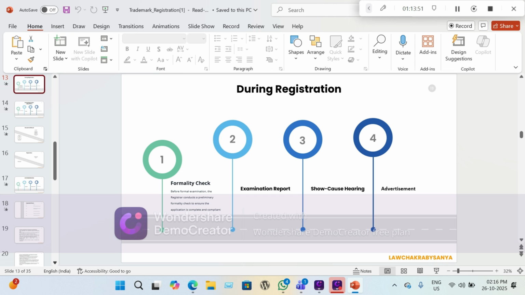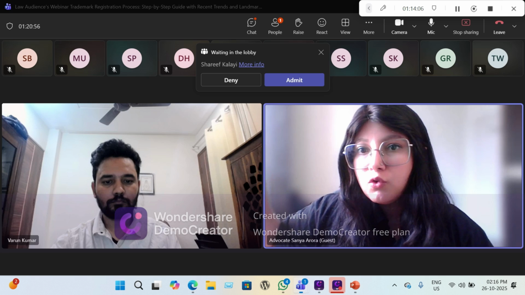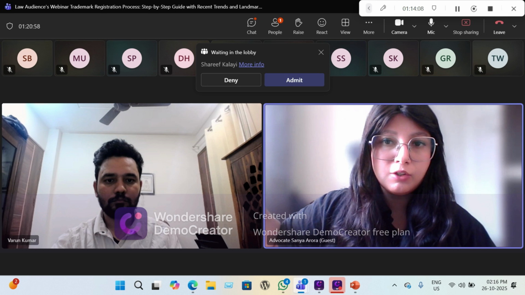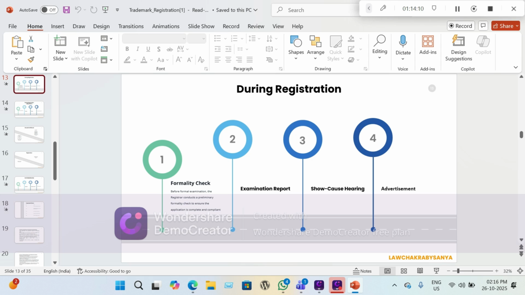Now, remember, even if somebody else has filed before you have filed and their trademark is conflicting with yours, you will get an objection under Section 11. So you'll have to justify how it is not identical or similar to that particular applicant's mark, even if they don't have a registration yet. So even if they've just applied, you can get a Section 11 objection.